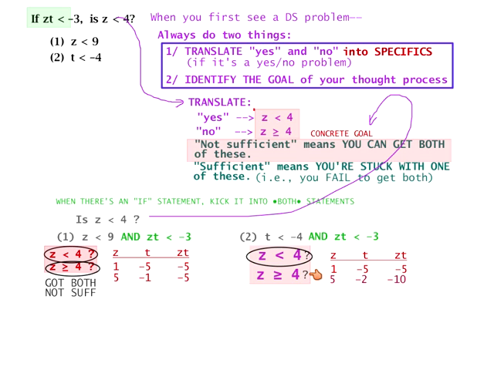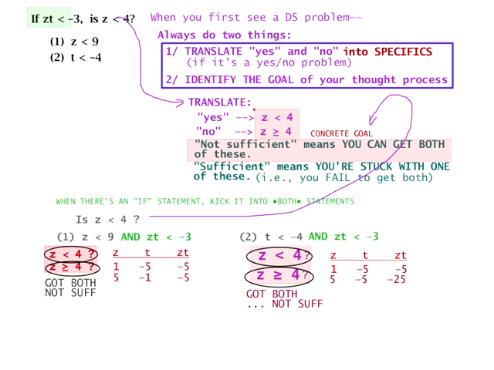And then you've got z greater than or equal to 4. You can't do -2, that's true. But you can do something like -5, that works. And then you have -25. Now we have this satisfied. Got them both. Not sufficient.